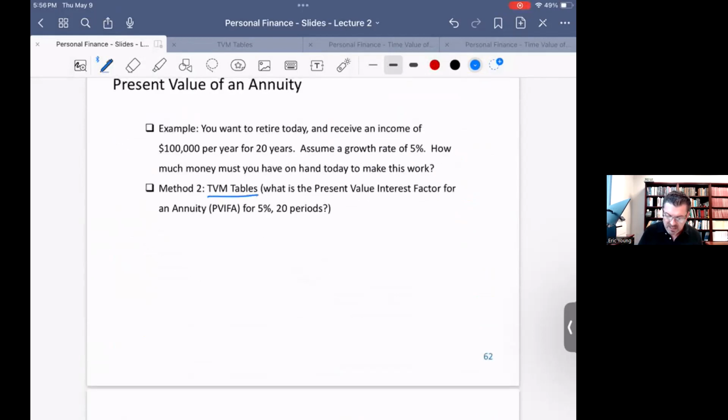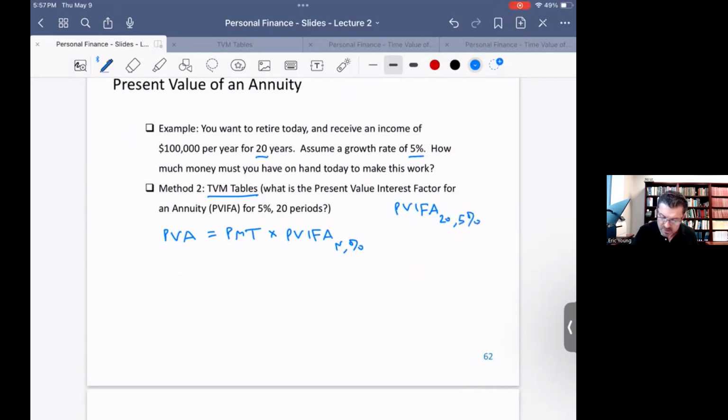Let's go to our TVM table. And here's our formula. The present value of the annuity is equal to the payment multiplied by the present value interest factor of the annuity for a given N and I. Now, in this case, our N was 20 years, and our I was 5%.